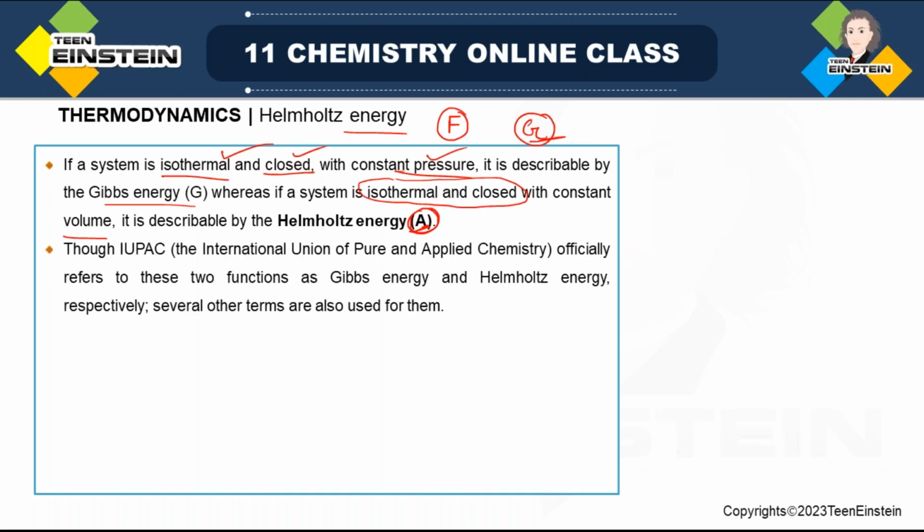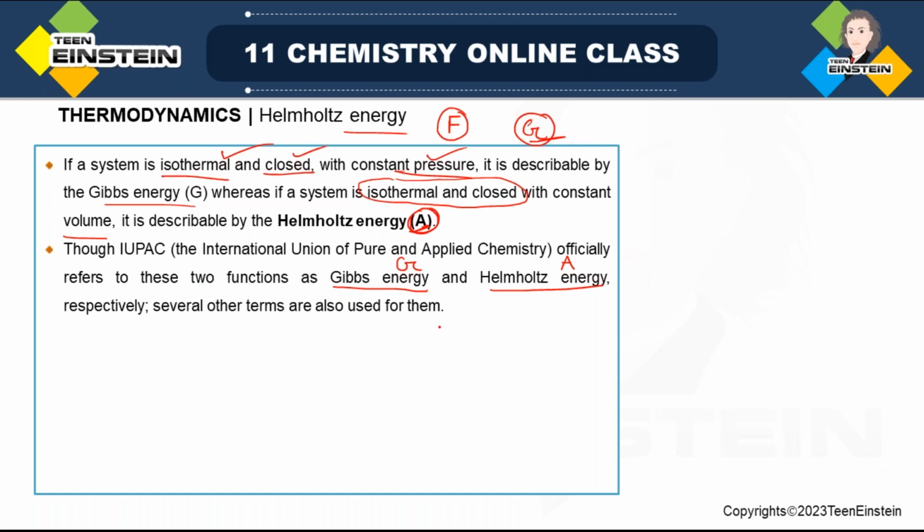So this is the difference with G. IUPAC, the full form of which is International Union of Pure and Applied Chemistry, officially refers to these two functions: one is Gibbs free energy, which is G, and the other is Helmholtz energy, that is capital A, respectively.